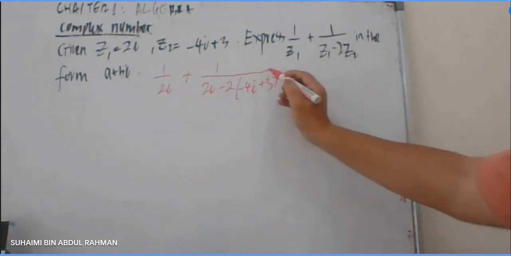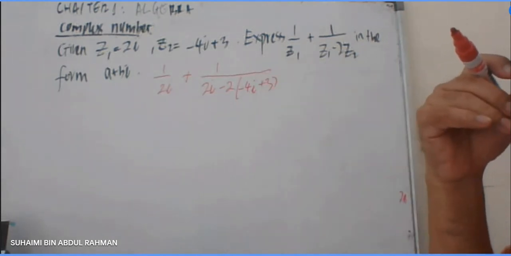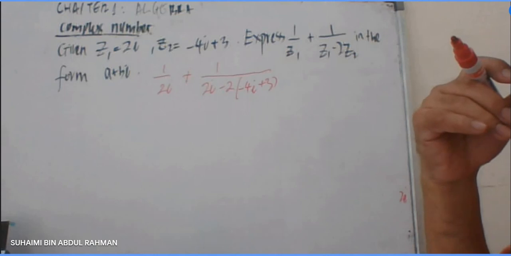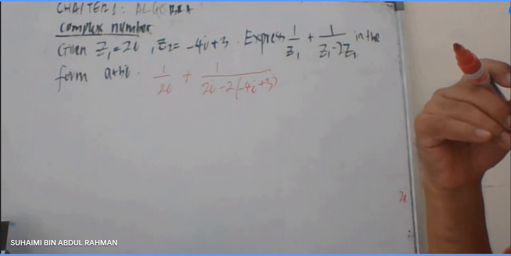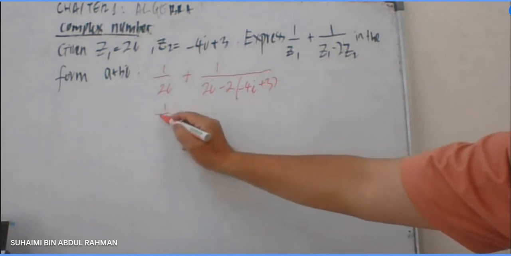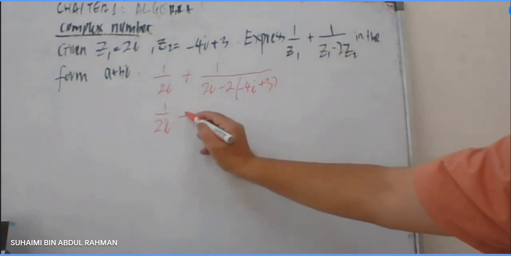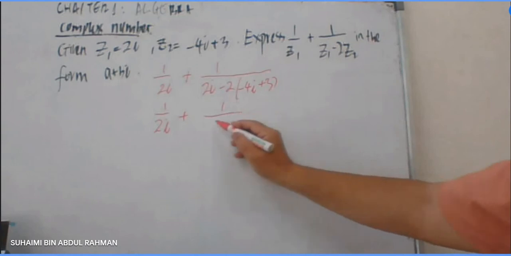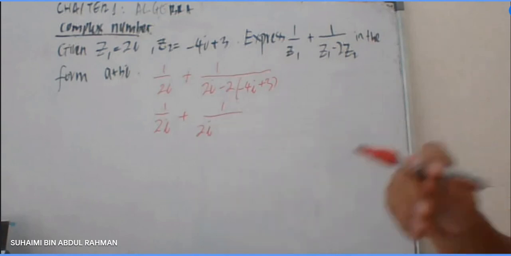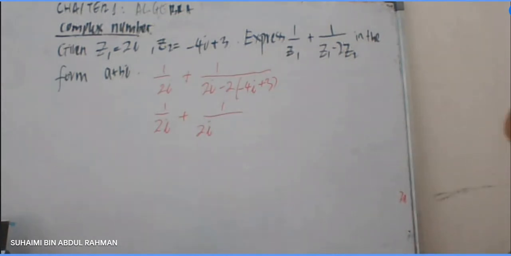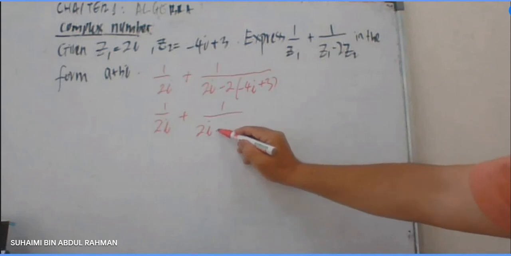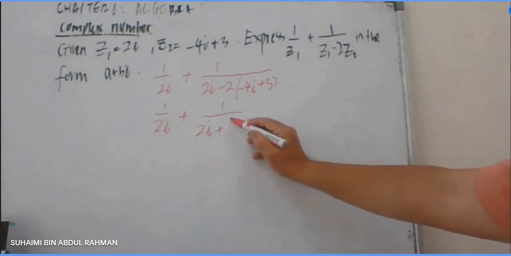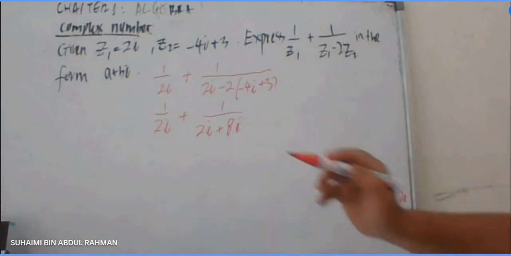We still have plus 3 there. So 1 over 2i plus 1 over 2i, plus 8i.